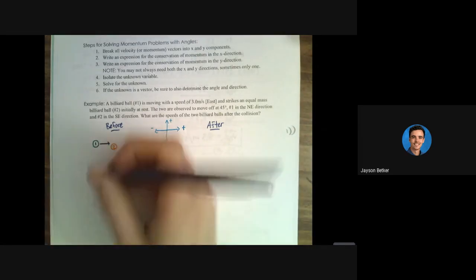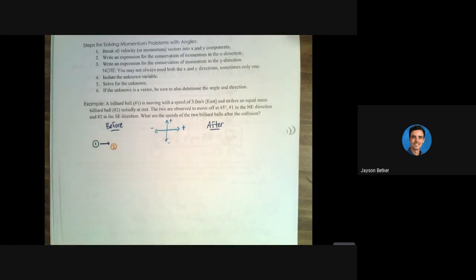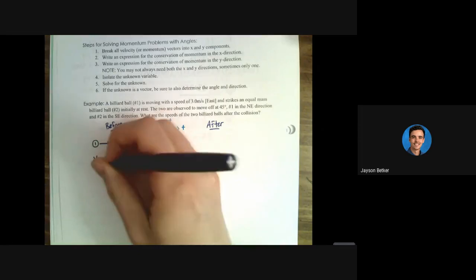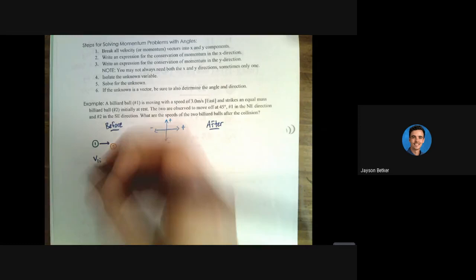Okay. We know that the velocity of billiard ball number 1 initially, so we'll call it V1I. And I have to add almost a subscript on top of a subscript because I want to show that I'm talking about just the x direction. So it's V1IX.